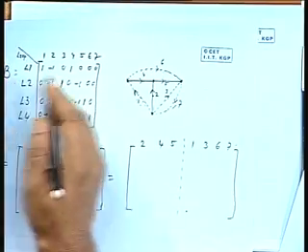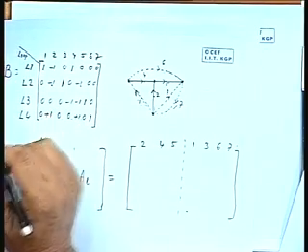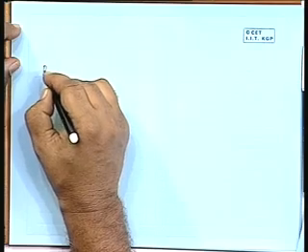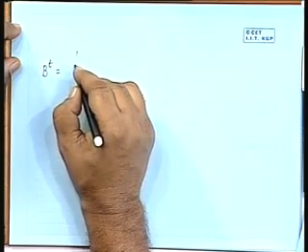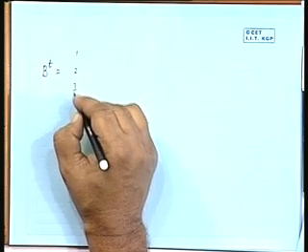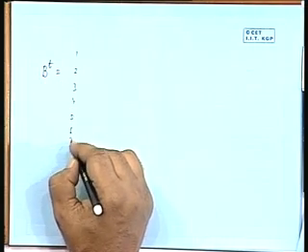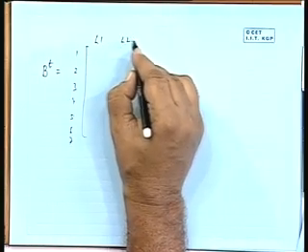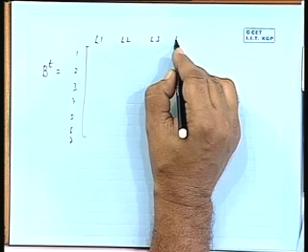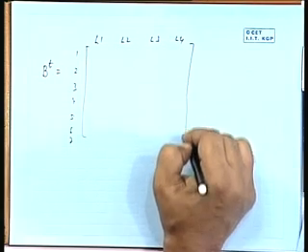Similarly, we can also partition B. If we take B transpose, it will be like 1, 2, 3, 4, 5, and this will be loop 1, loop 2, loop 3, loop 4, and so on.